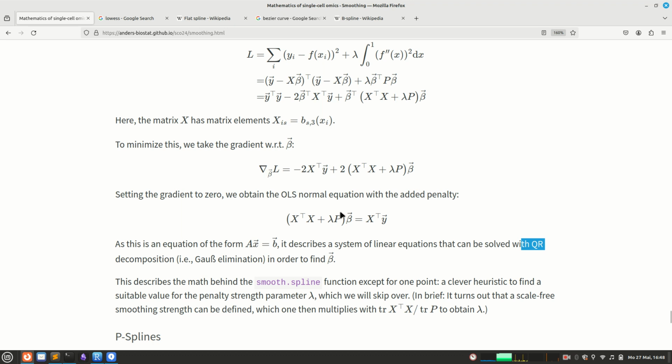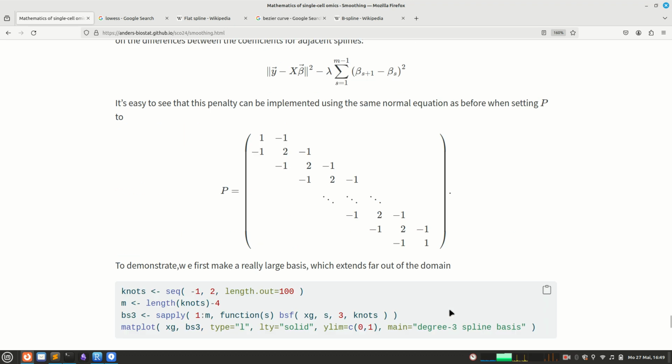A good measure for the magnitude of a matrix is its trace, and hence you simply say, let's take the trace of xtx, the trace of p, and say lambda should somehow be a small multiple of the ratio of the traces of xtx and p. And that gives you a lambda, and I think R has some heuristic that looks at how many data points you have and then says lambda is n squared times this thing or something like that.